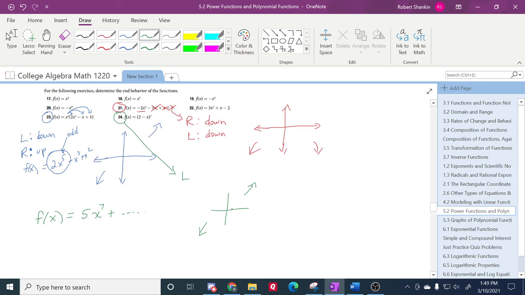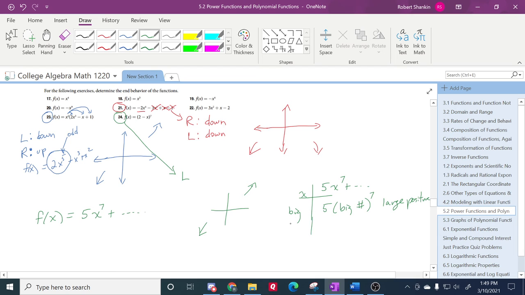Because when this is odd, you're going to have a big number, and 5 times this big number to the 7th is going to be large and positive.